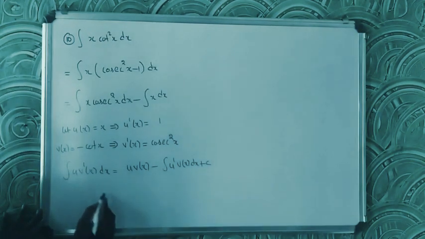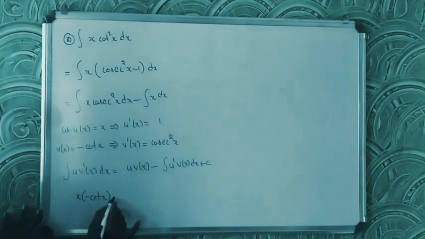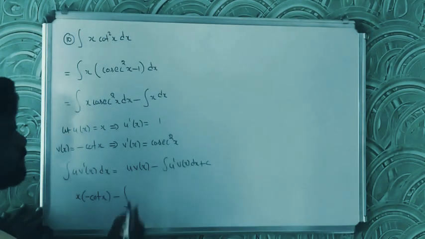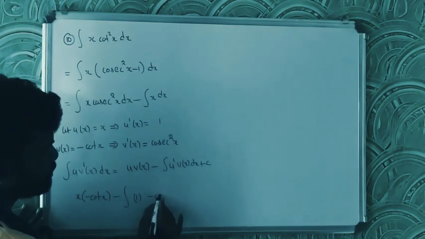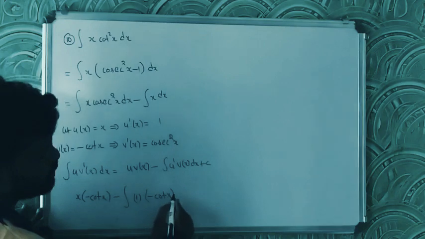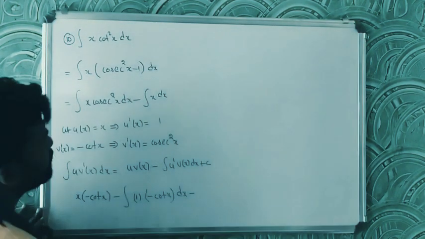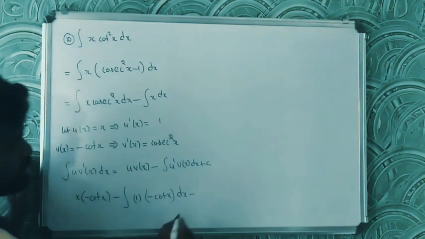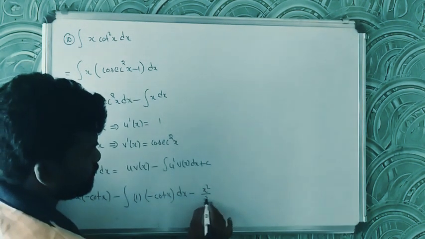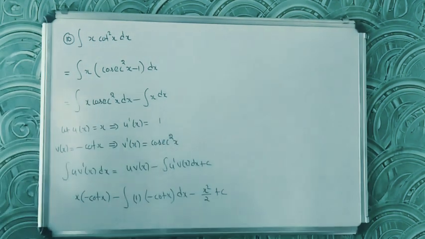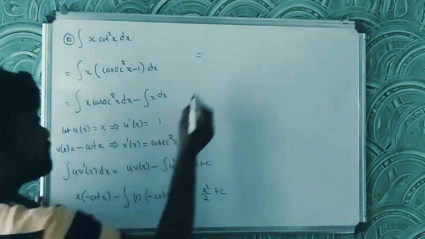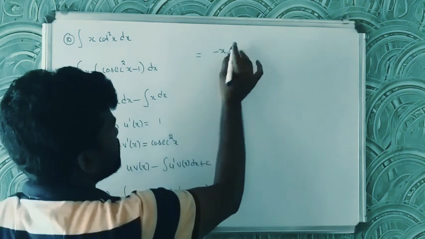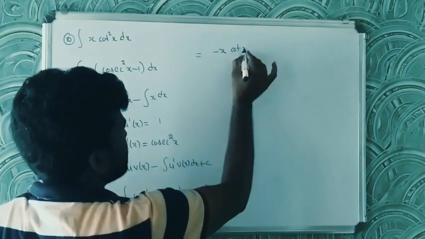So u v of x means x into minus cot x, minus integration of u dash of x, which is 1, into v of x, which is minus cot x, into dx, minus integration of x dx, which is x square by 2, plus c. So it is x into minus cot x, minus x cot x.